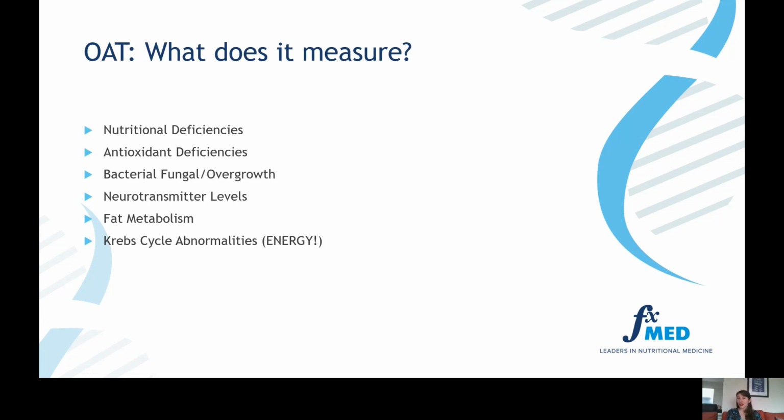It looks at nutritional deficiencies, antioxidant deficiencies, and can identify some signs of bacterial or fungal overgrowth. It looks at neurotransmitter levels by looking at neurotransmitter metabolites. It can give us a picture of what's going on with fat metabolism, and also looks at Krebs cycle abnormalities.